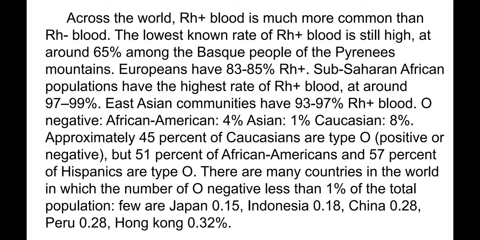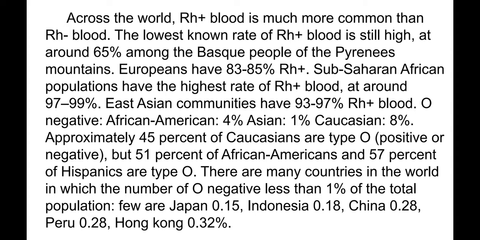Indonesia 0.18, China 0.28, in Hong Kong 0.32. So you see, it is quite rare. It is 1 in 300, sometimes even 1 in 600, so one person with O negative to 600 other people in the population.